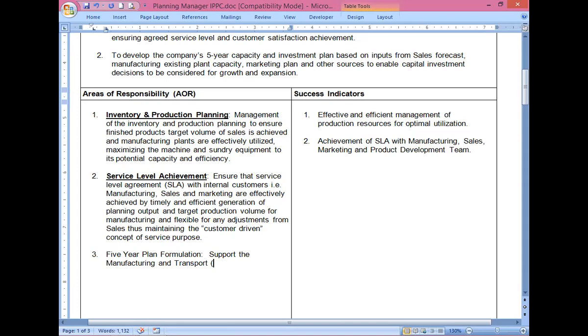I can put in parentheses maybe DNL, distribution and logistics, okay, transport DNL, in their bid for the 5 years.